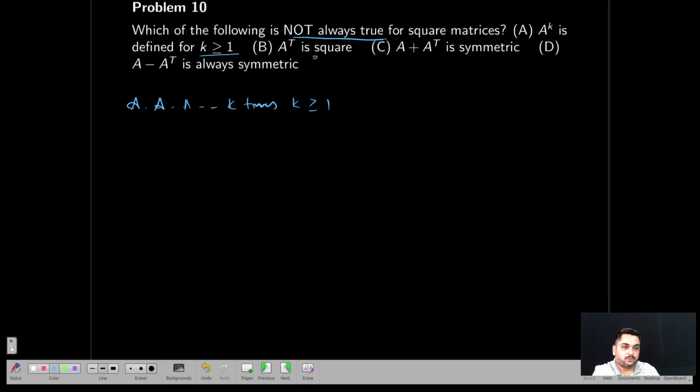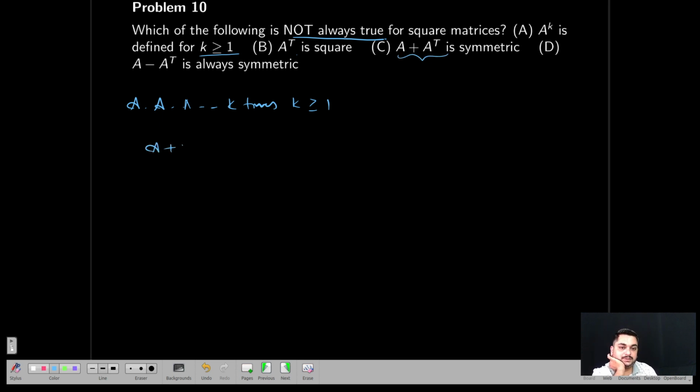Next, B. A transpose is square. Yes, if it is a square matrix, the transpose of the given matrix is also a square matrix. This is also true. A plus A transpose is symmetric. So you check here. Is it always true? And A minus A transpose is always symmetric. So which one is true? Again you check the property.